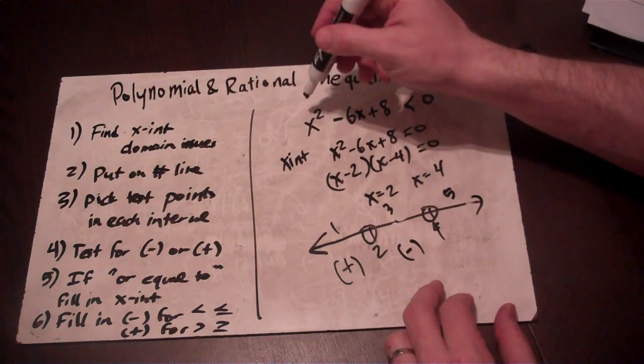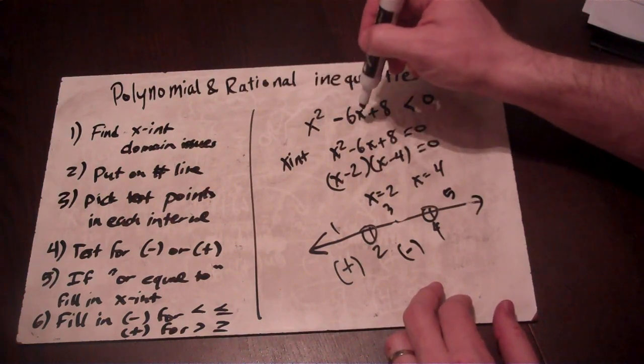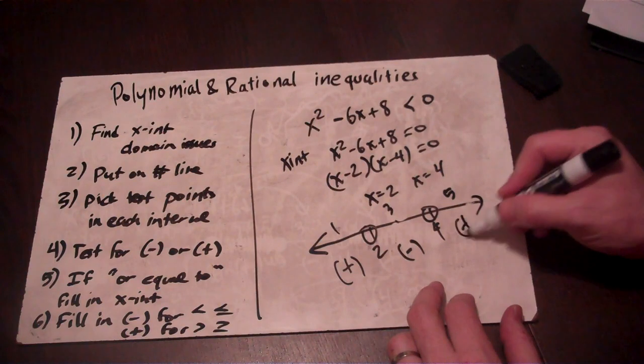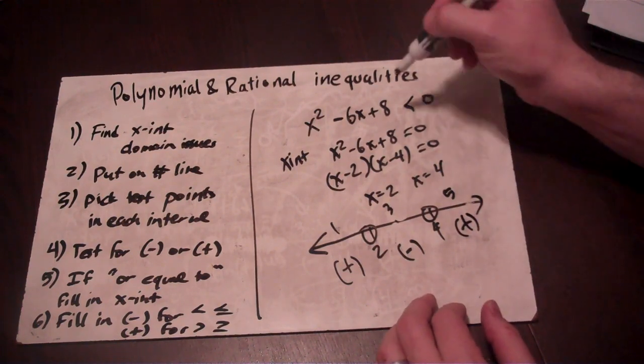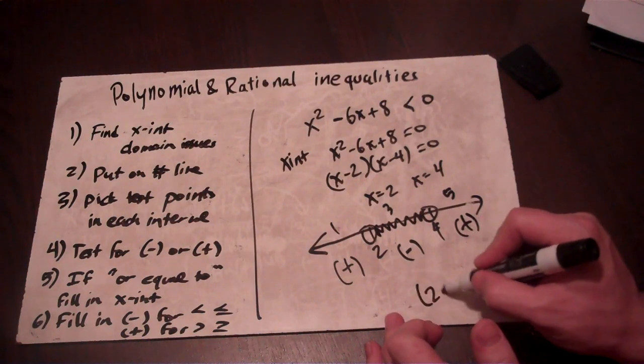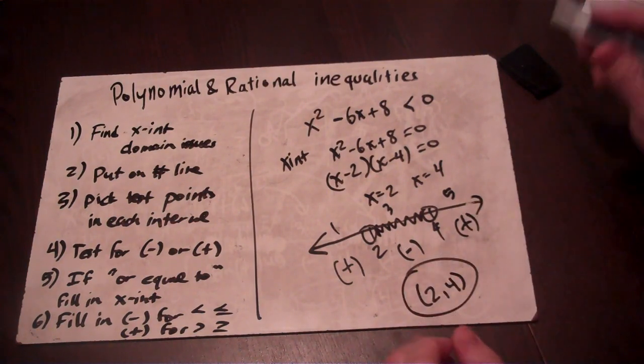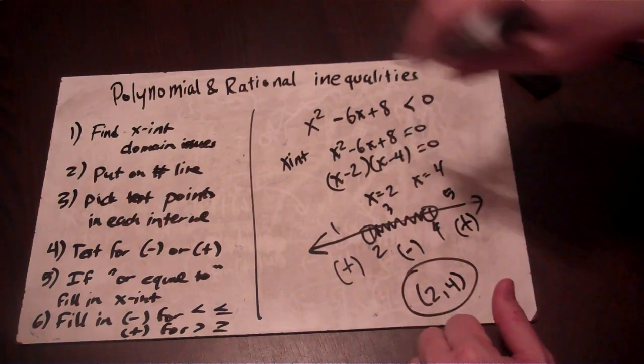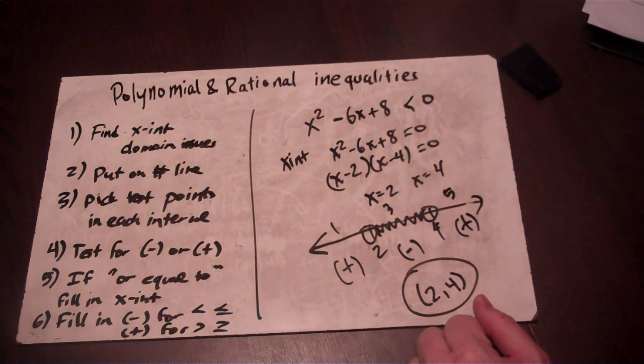And then 25 minus 30 is negative 5 plus 8 is 3, that's positive. I want less than 0, so I want the negative. So my final answer is 2 to 4. So anything between 2 and 4 is going to plug in to give me that inequality is true.